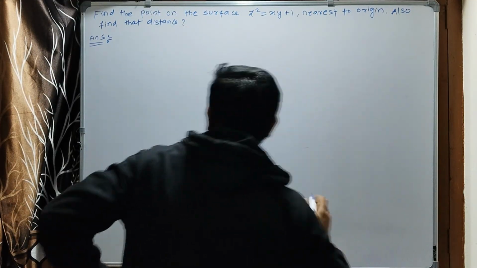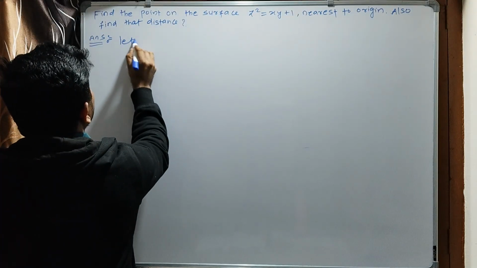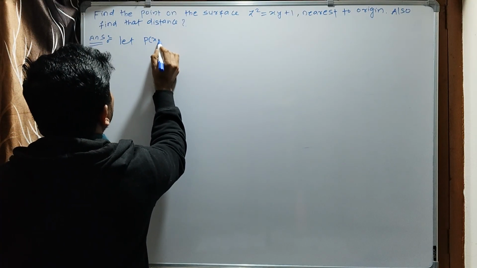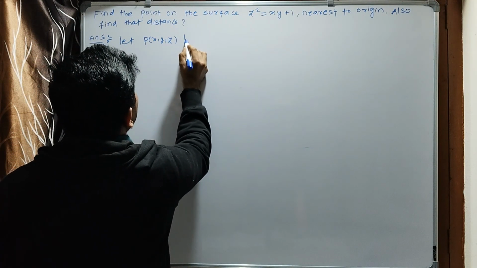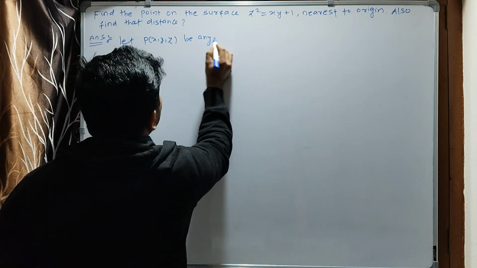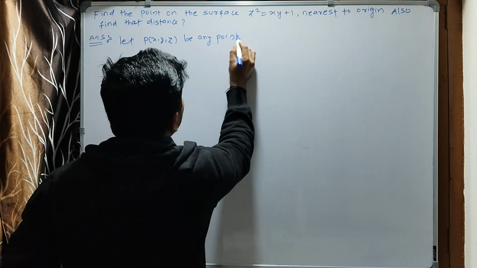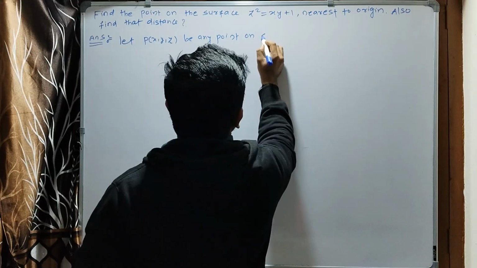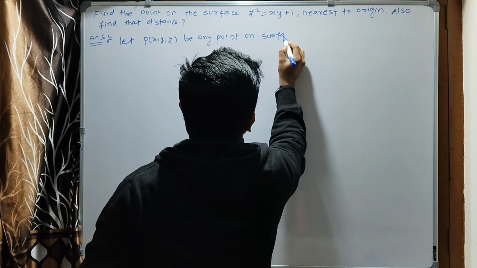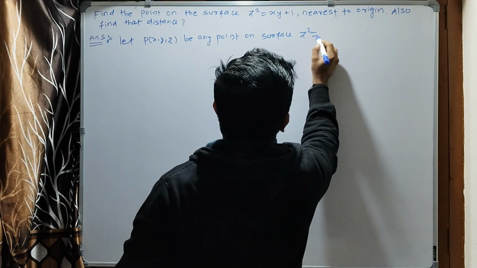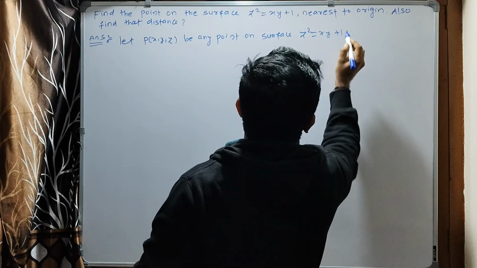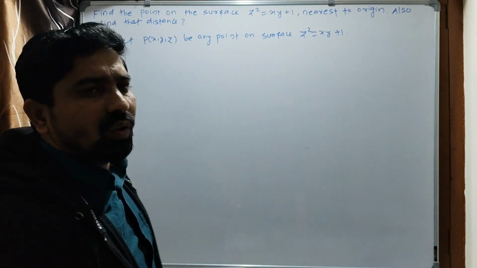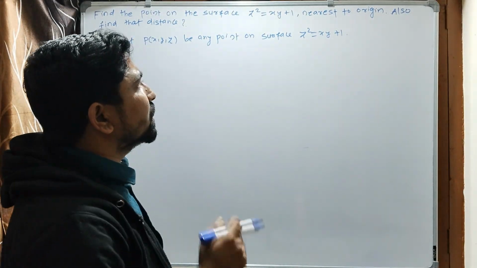Just consider, let P of x comma y comma z be any point on the surface z square equal to xy plus 1.